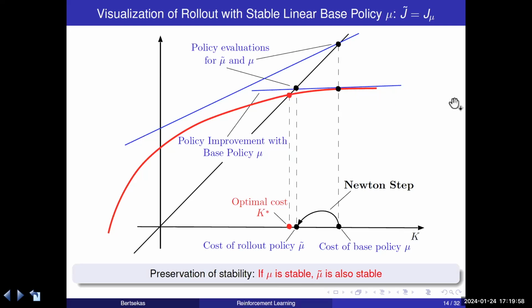The important fact is that if you use rollout with a stable policy, then you're going to get a stable one-step look-ahead policy, and that's important from the point of view of application. It is also important in the context of policy iteration, because policy iteration is a repeated rollout. So if you start with a base policy that's stable, then all the subsequent policies are going to be stable.